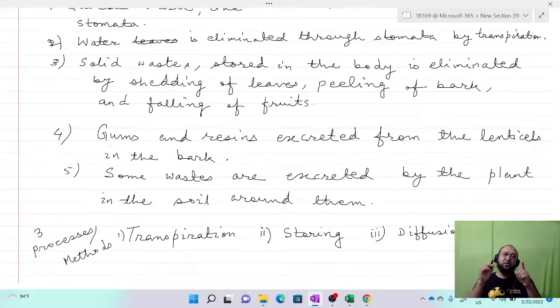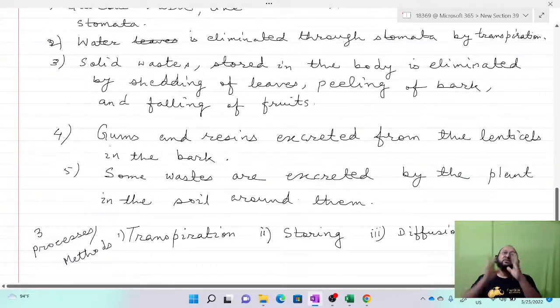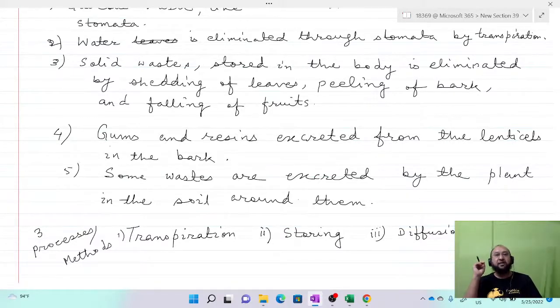So transpiration, I told you, is the process of loss of water from the aerial part of the body in the form of vapor. Stomata are the pores through which water is lost. Storing also, they store temporarily in certain regions, like bark, and peeling of bark eliminates the waste from the plant body.